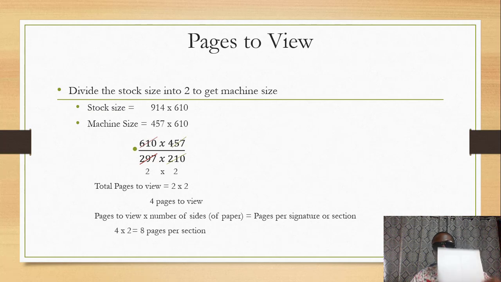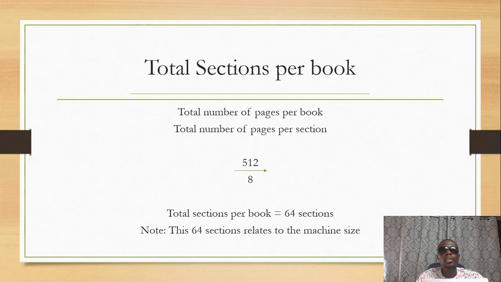So the total number of pages within a machine size is what we call a signature or a section. It means the 4 pages we can view, and we have 2 sides, which will give us 8 pages per section. Let's see how we can calculate the total sections per book.